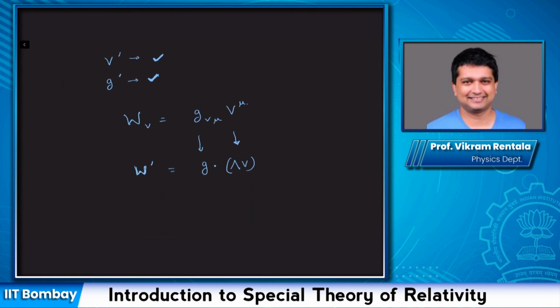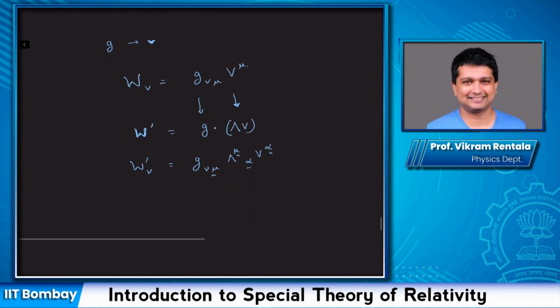In index notation, we would write this as G again with lowered indices, nu mu. This is W prime nu. And lambda V would be lambda mu alpha V alpha. Note again how the raised and lowered indices, repeated indices, are summed over.